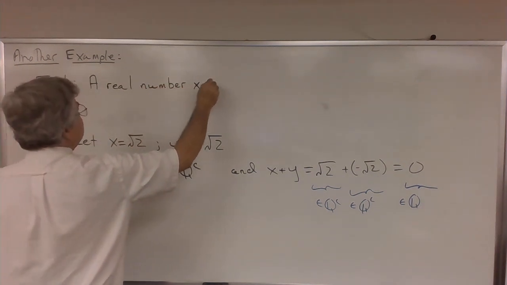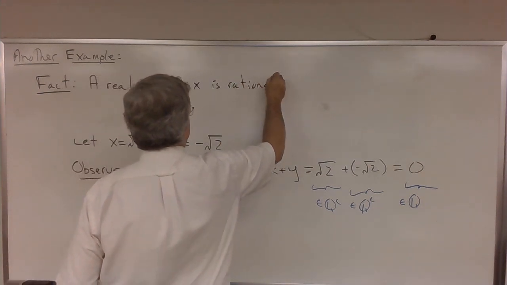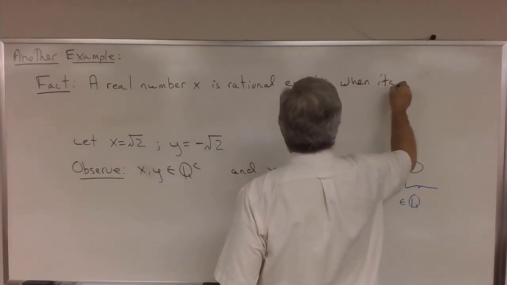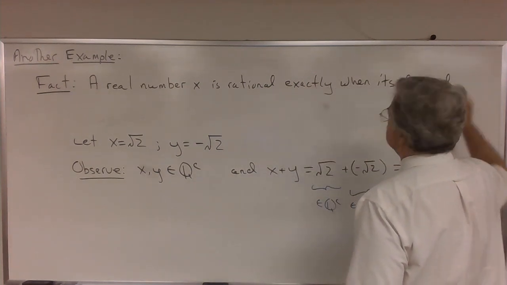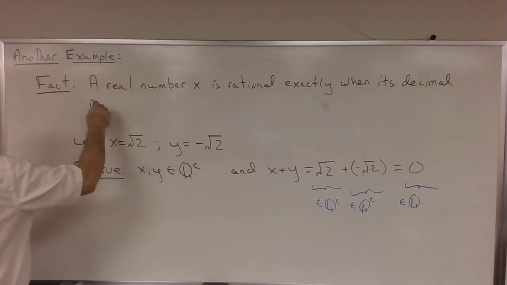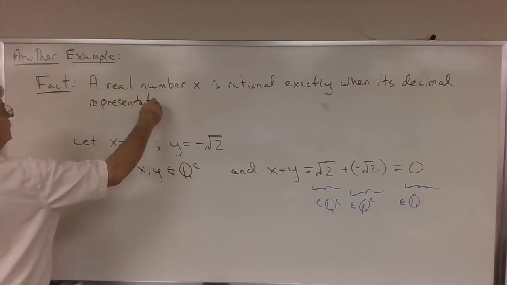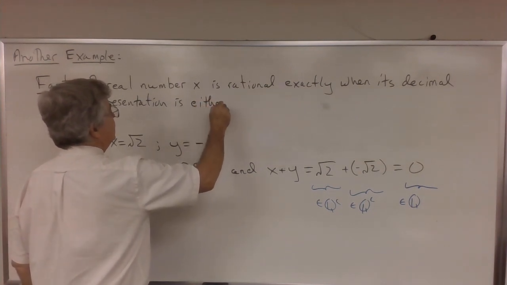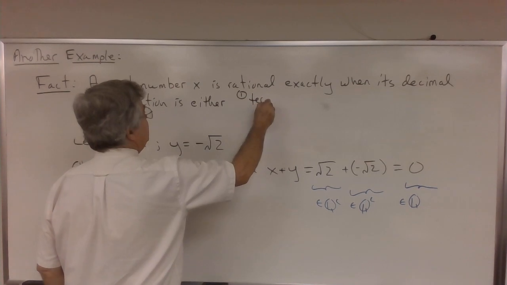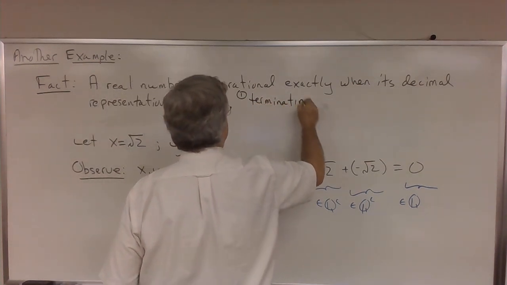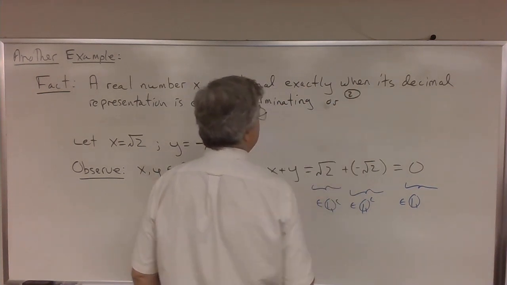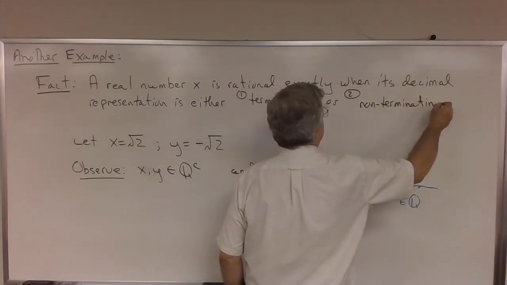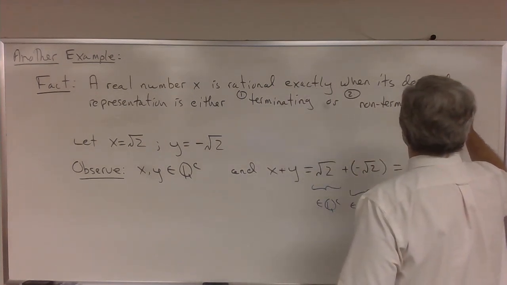A real number x is rational exactly when its decimal representation is either terminating or non-terminating repeating.